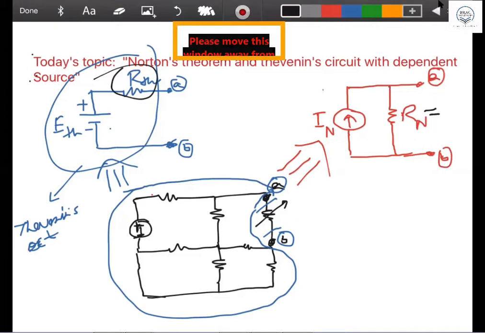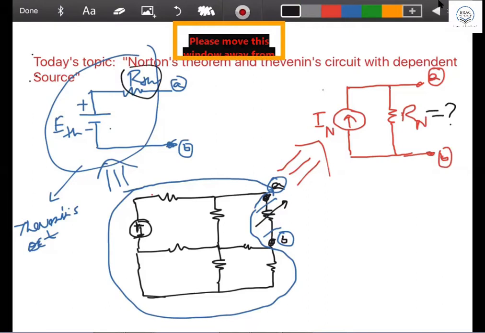So Rn and R Thevenin are the same, because Mr. Norton found it this way, where in the voltage source and current source, RS and RP are the same. The Rn Mr. Norton determined the same way Mr. Thevenin determined R Thevenin.